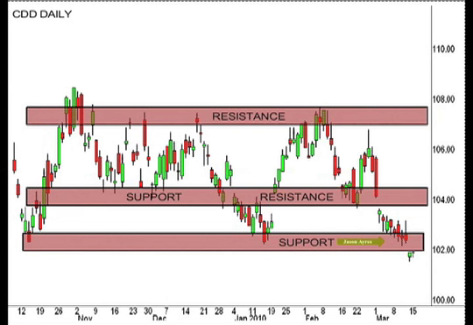So the observation that we would make here is that this is a very important support level, and a break of that level is likely to, and again, we're always dealing with probabilities, but is in fact likely to migrate its way down to retest some of these lower levels here once it's broken.